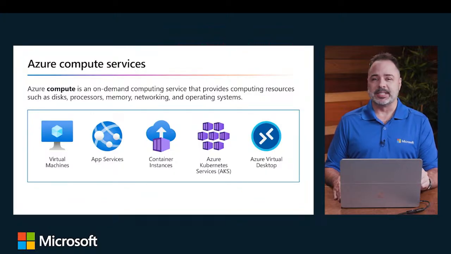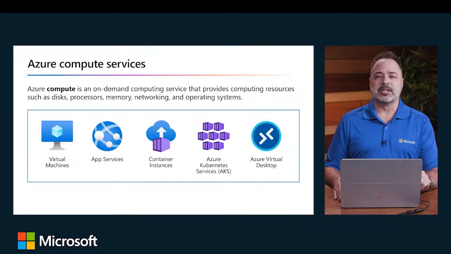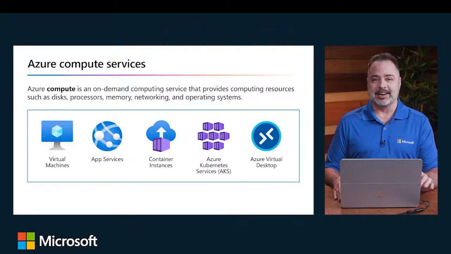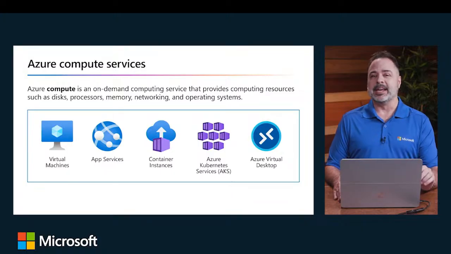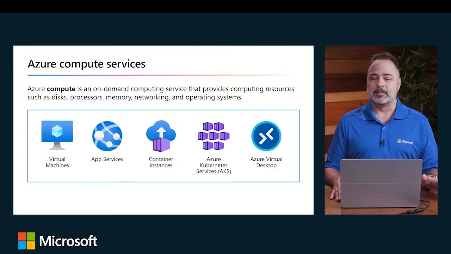Azure Kubernetes Services, or AKS for short, is a managed Kubernetes service that simplifies the deployment, management, and operations of Kubernetes clusters. AKS provides automated updates, monitoring, and scaling, making it easy to manage containerized applications at scale.